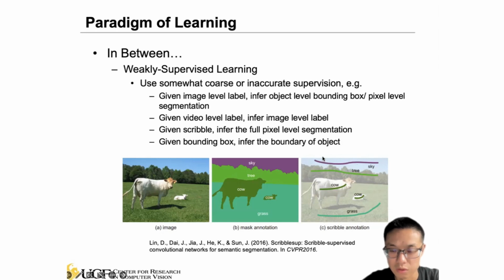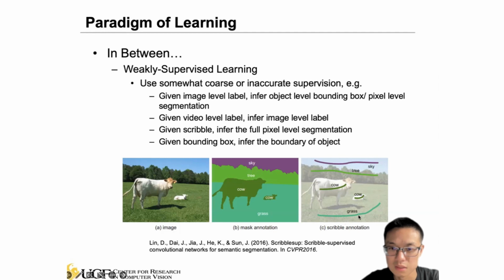A human annotator looks at the image, then quickly draws a line. This line contains some of the pixels corresponding to one particular class. In this example, this line corresponds to the semantic class of sky, and this green line corresponds to another semantic class, tree.